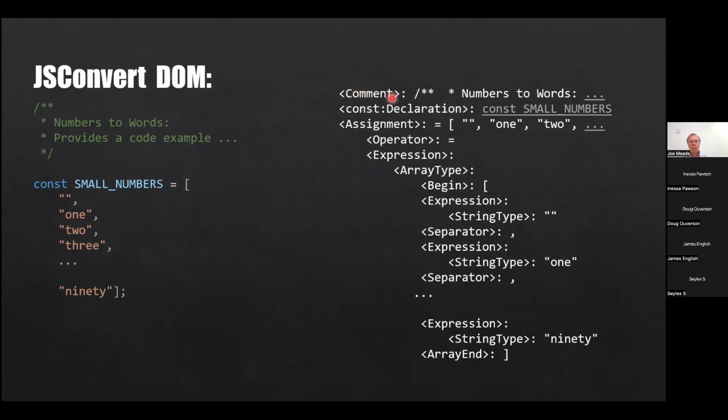So com represents a class that encapsulates this particular comment. Const declaration is a class that encapsulates just this constant right here, this declaration. Assignment refers to this entire block.